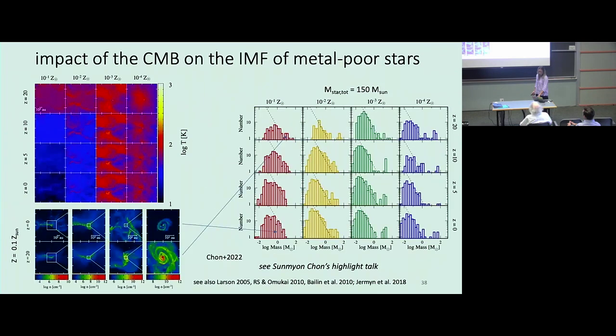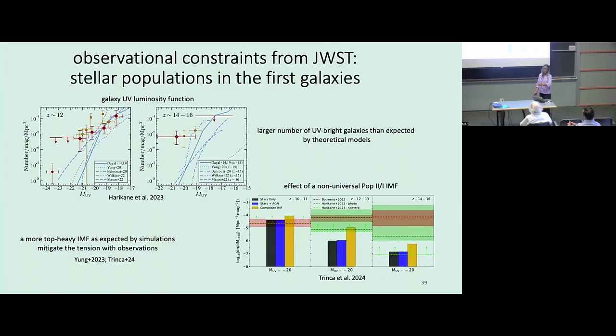Simulations clearly show that there is a transition in the properties of these second generation stars in terms of their mass distribution, and even relatively metal enriched systems at high redshift may have a tilt in their IMF, which could help at least relieve some of the tension with the mass to light ratios, decreasing the mass to light ratios in these very high redshift galaxies that we are currently observing.